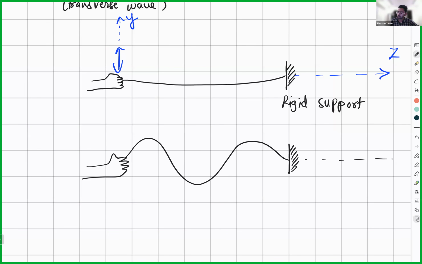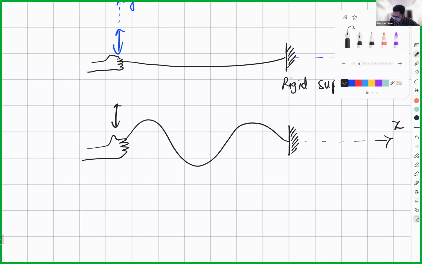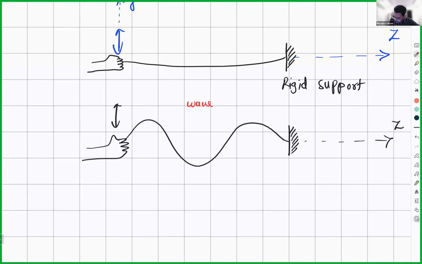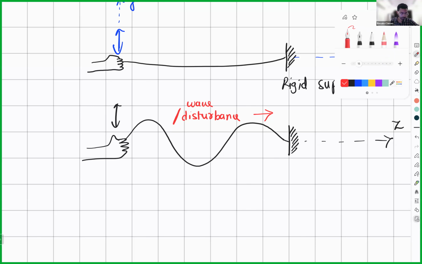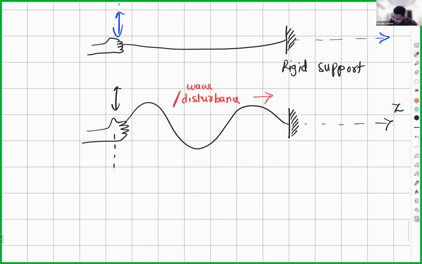Okay, a wave will be propagating along the plus Z direction, something like this. So the wave or disturbance is traveling along this direction. Let us consider this as Z is equal to 0, this as Z is equal to L.